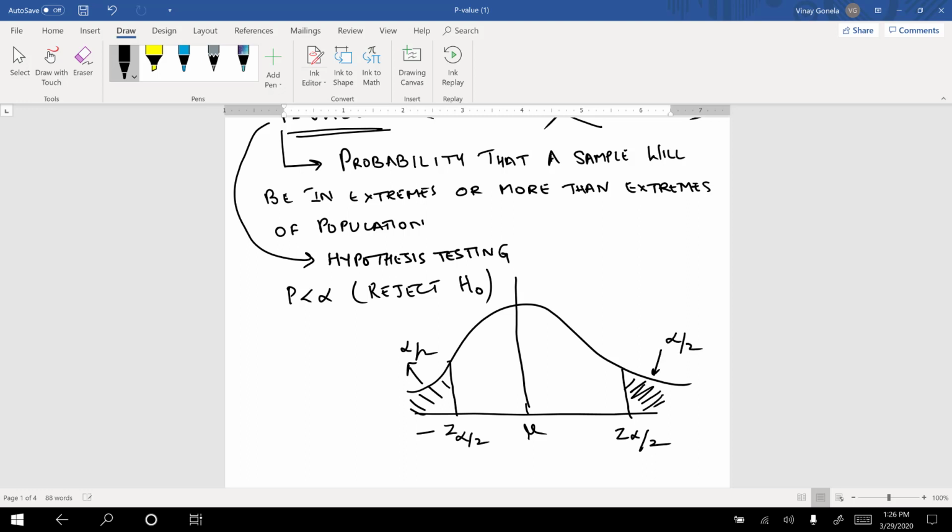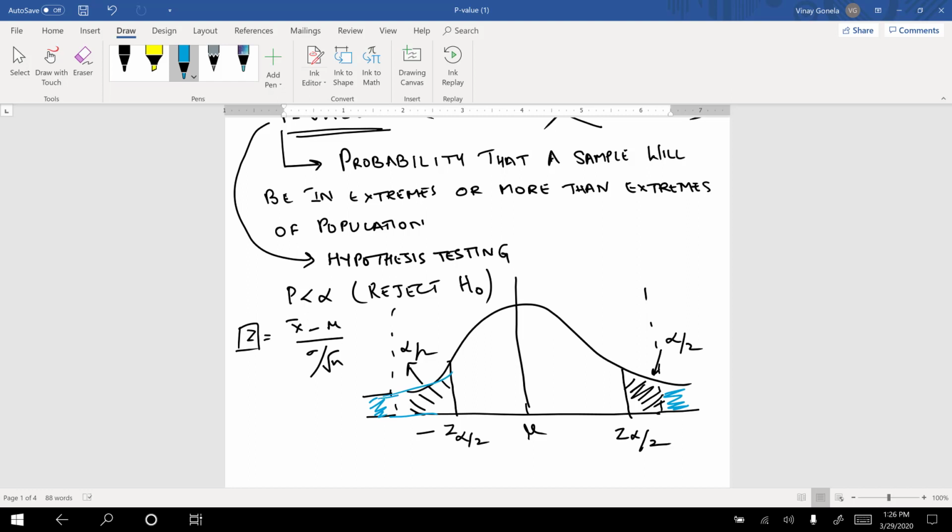And we calculate a test statistic by using the formula z is equal to x bar minus mu over sigma by root n. So if this z value lies in these extremes, then this probability is less than your alpha over 2.